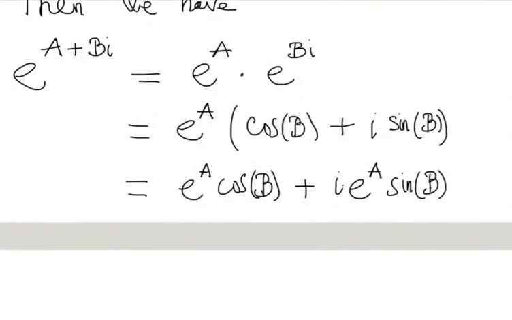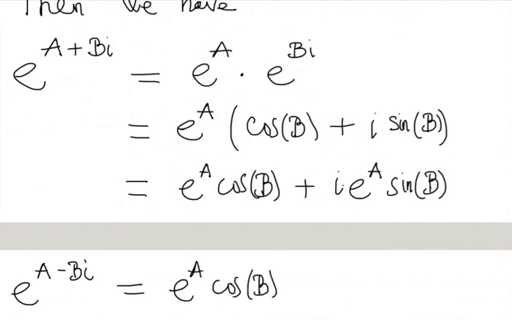If instead we have e to the a minus bi, then the same work above will show us that we have e to the a cosine b, and over here we have minus i e to the a sine b.